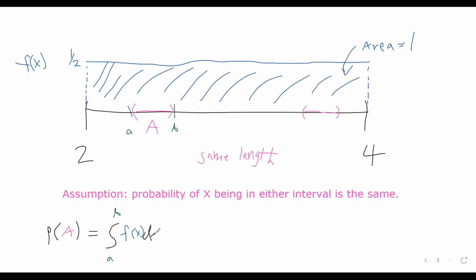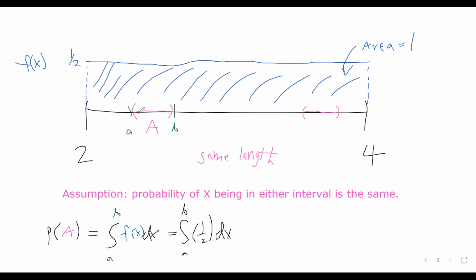So you get the integral from a to b of 1/2 dx. Okay, so that's how you would compute the probability of a set.